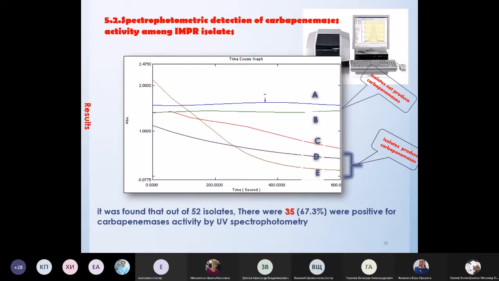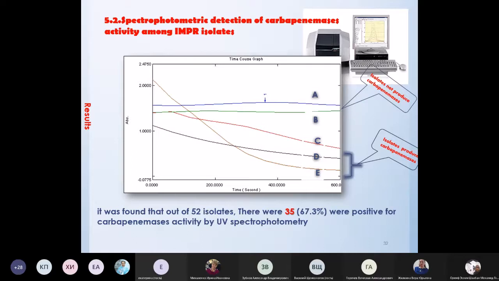For the strains that do not produce carbapenemases, there is no decrease in the spectrophotometric mass of the imipenem. There is no decrease because the imipenem was not broken down by the bacteria or by the enzyme. Whereas positive isolates that produce carbapenemases break down the carbapenem antibiotic and show decrease in the activity.